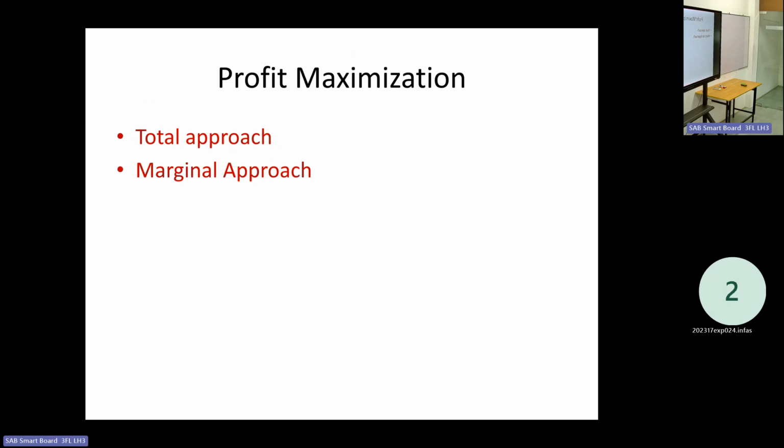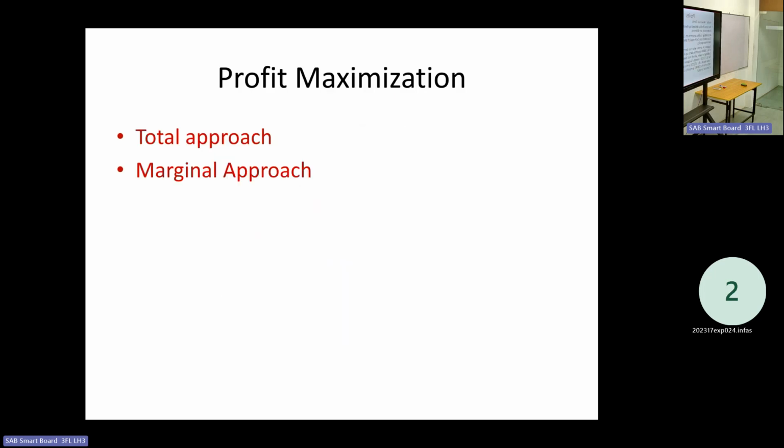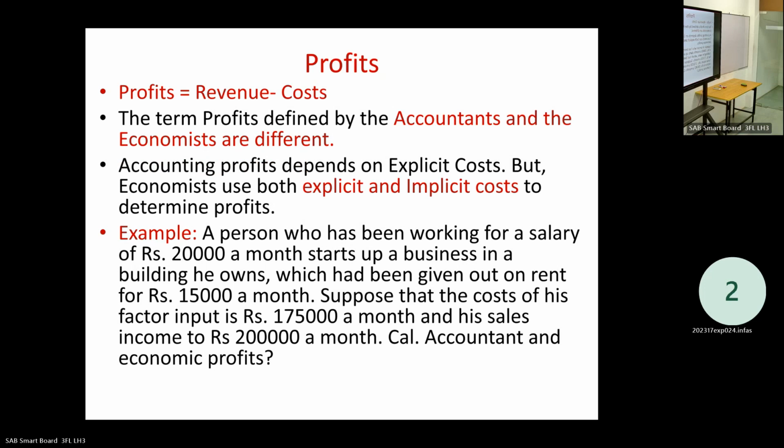So determining the loss: there is a loss, not a profit. Accounting profit is there, 25,000, but economic loss is 10,000. So this is the profit that we talk about, the difference between the total revenue and the total cost.